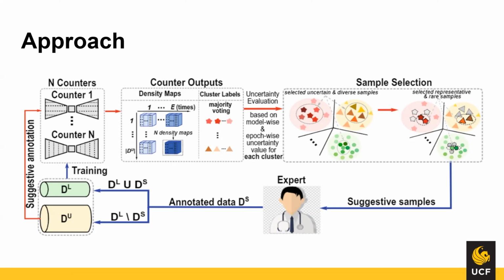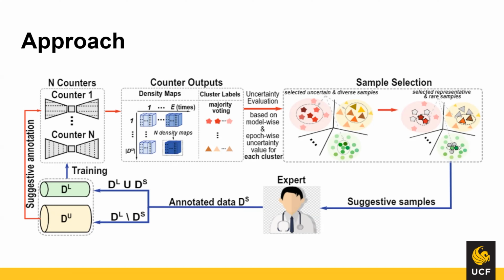So the encoder-decoder counters actually output these two outputs. And then these two outputs are sent into uncertainty evaluation to pick the best possible samples for annotation. They evaluate the uncertainty a few different ways.